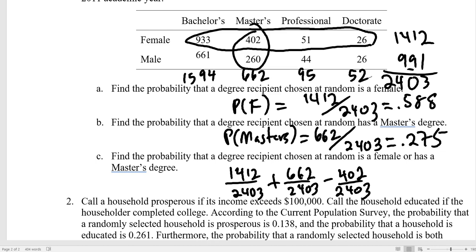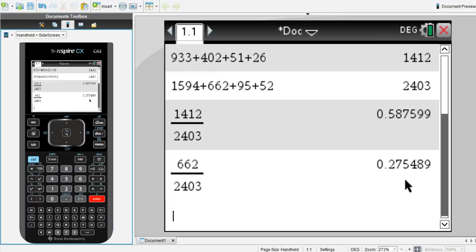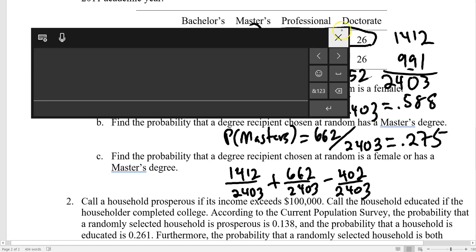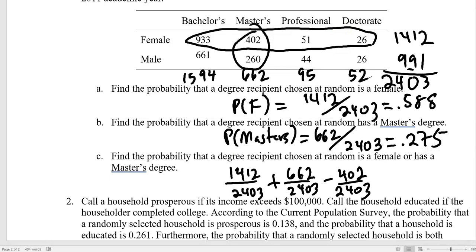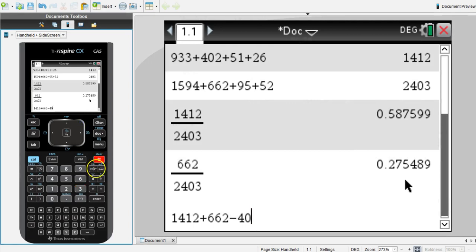So 1412, plus 662, minus 402. Let me double check that. 402.